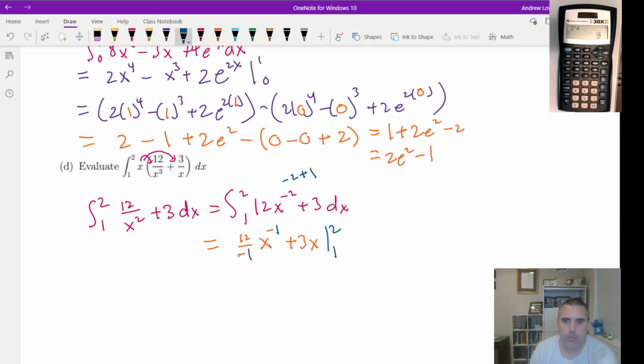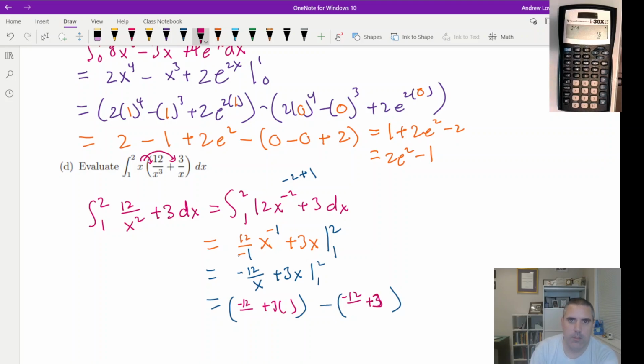We're evaluating from 1 to 2. I would rewrite this as 12 over x plus 3x because I know that's just easier for me at least to plug numbers into. And then let's go. So it's going to be negative 12 over something plus 3 times something. Negative 12 over something plus 3 times something. Now let's put those numbers in.